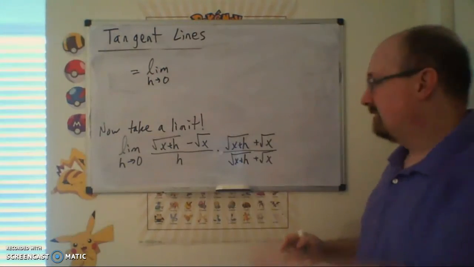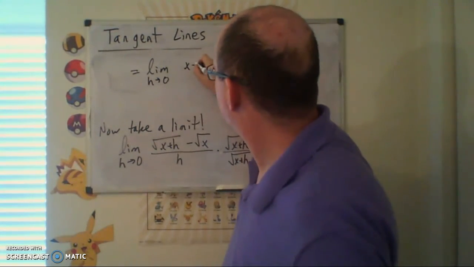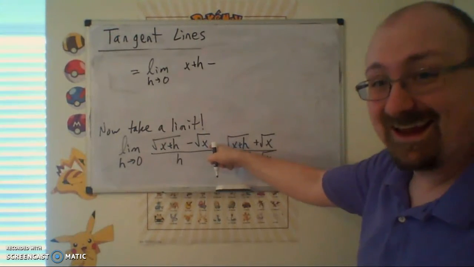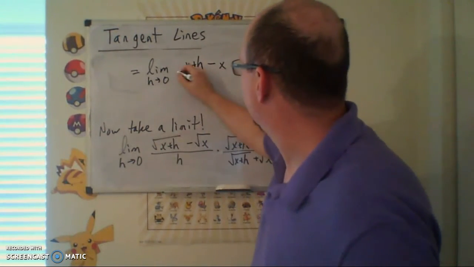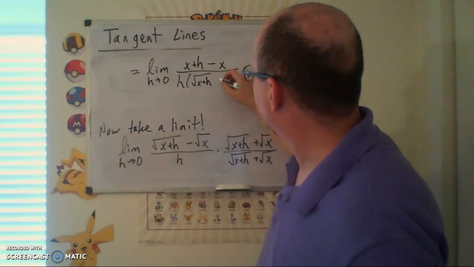Now, by design, since we've done this rationalization a bunch at this point, the square of the first guy minus the square of the second guy just gets rid of our square root symbols. And then down below, we have h times this stuff.